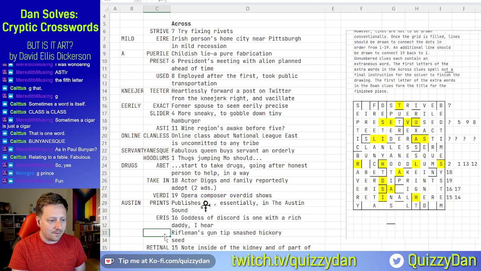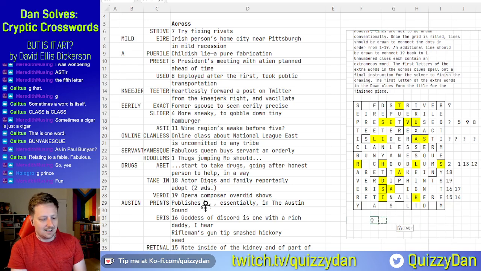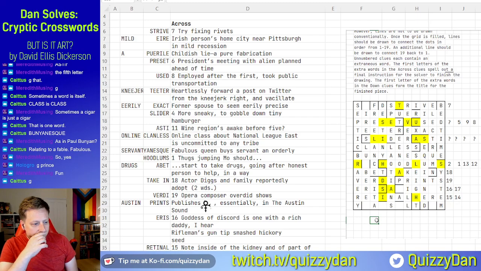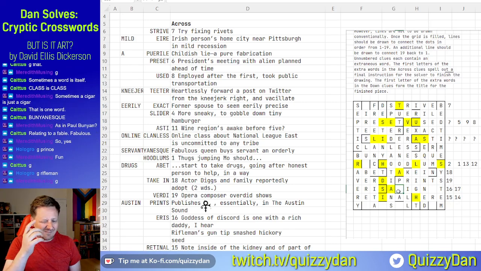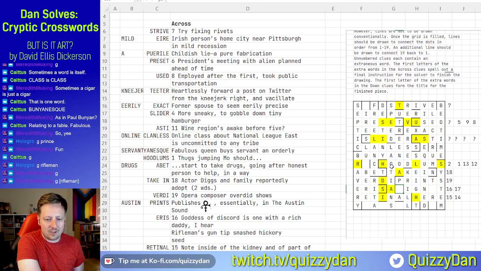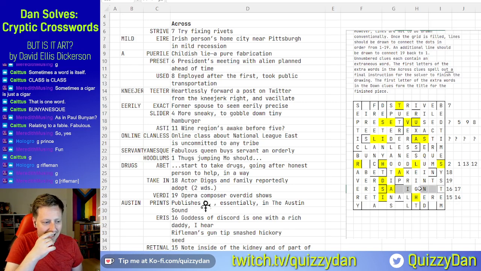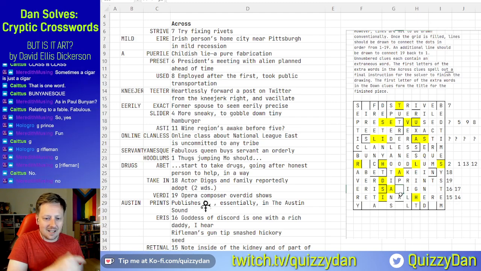Then we have Rifleman's gun tip smashed hickory seed. So gun tip is G, and it's going to go in seed. Is that right? So is it something like a signet? S-I-G-N-E-T?